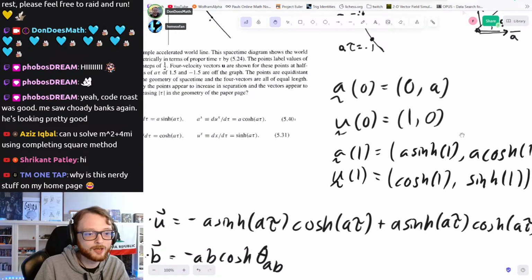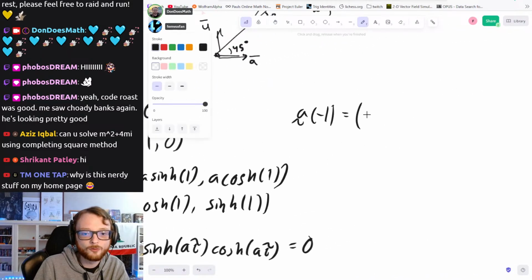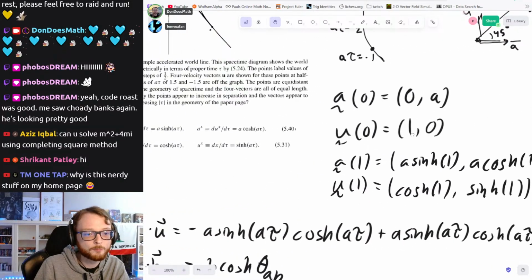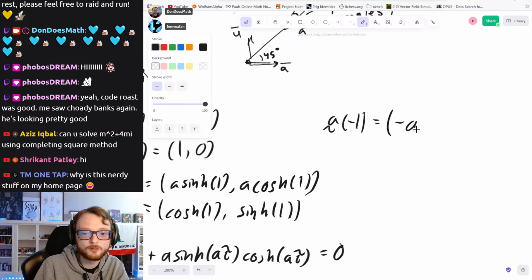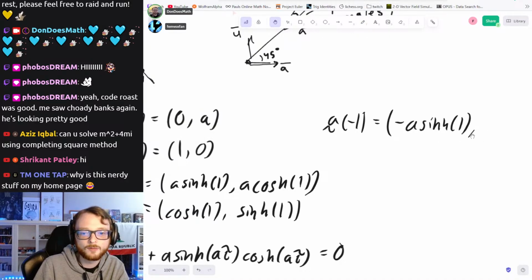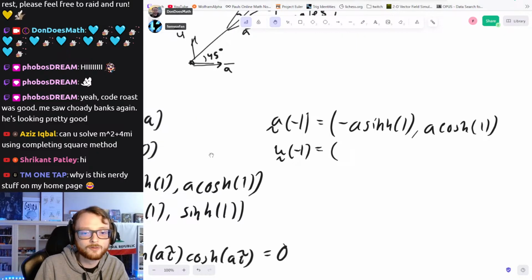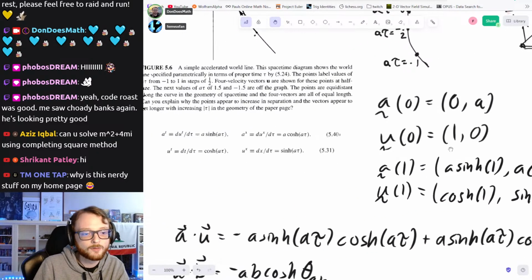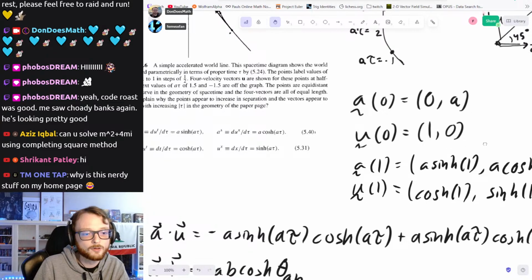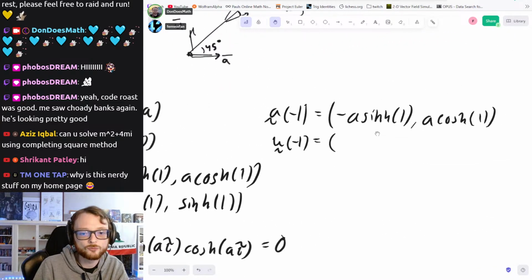Sinh is odd, so it's going to be minus sinh 1. Then cosh is even, so it'll be cosh 1. And then it'll be cosh 1 minus sinh 1.